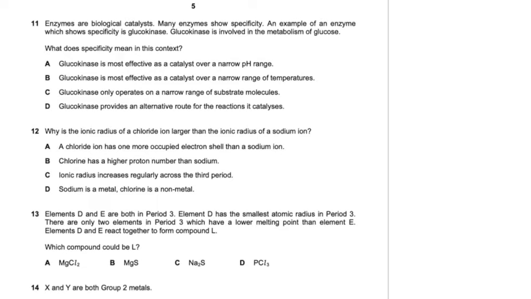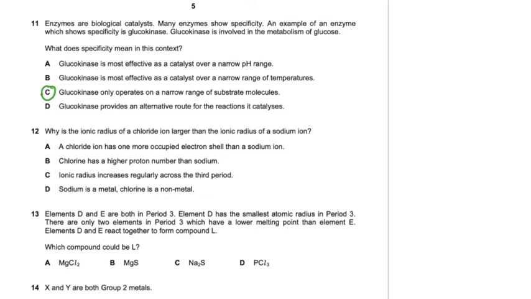For each lock, there is a specific key. Similarly, for each substrate, there is a specific enzyme which enhances the speed of the reaction in the living organism. So enzymes are very specific, just like the lock and key model. So glucokinase only operates on a narrow range of substrate molecules.